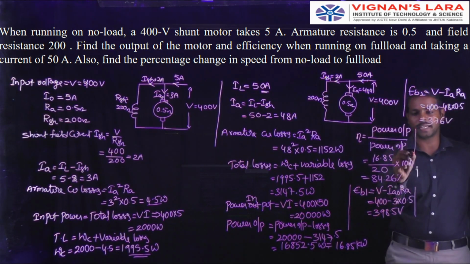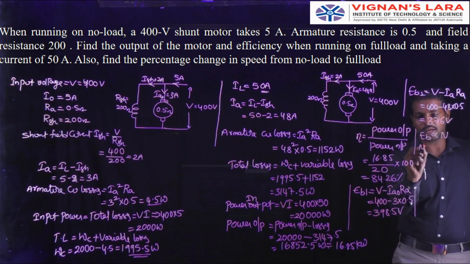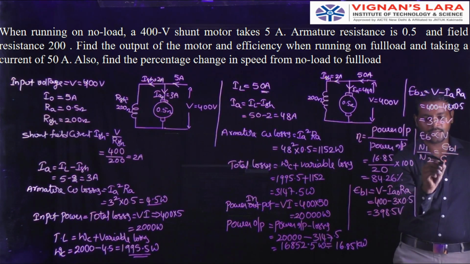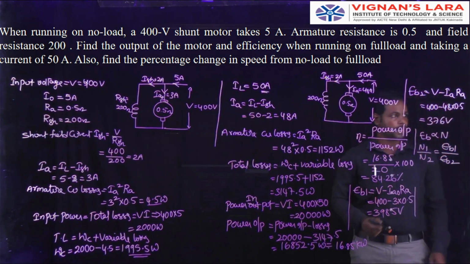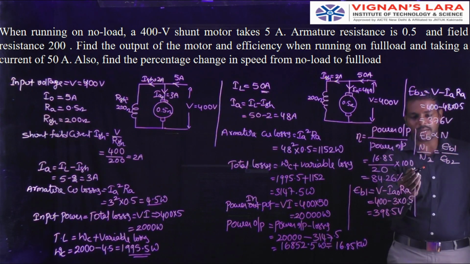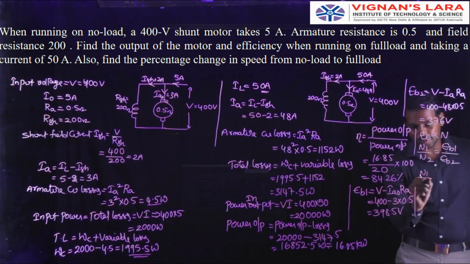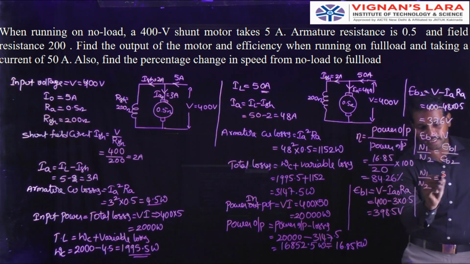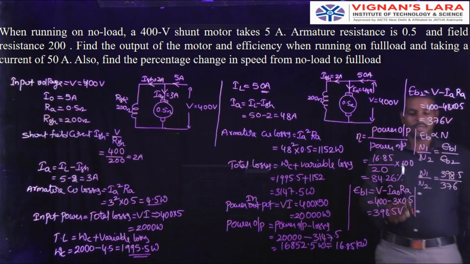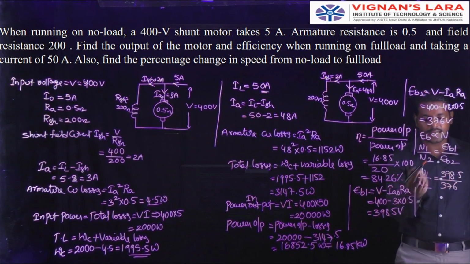All of you know the back EMF equation: EB is directly proportional to speed. So N1 divided by N2 is equal to EB1 divided by EB2, which is 398.5 divided by 376. On both the left hand side and right hand side we subtract 1.